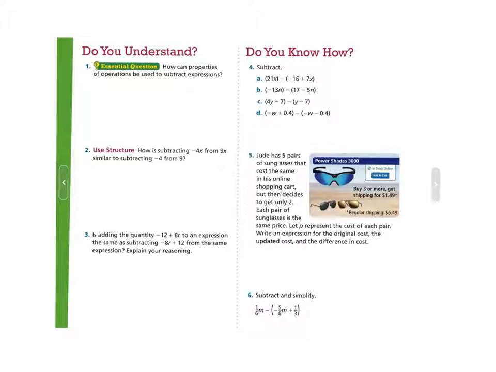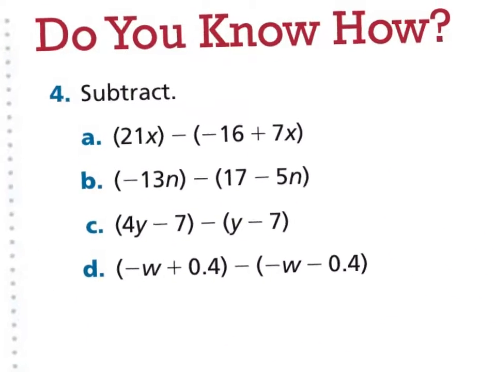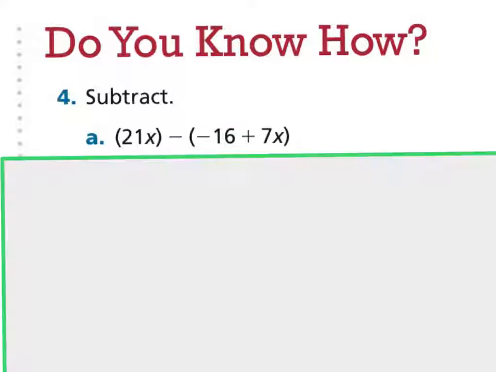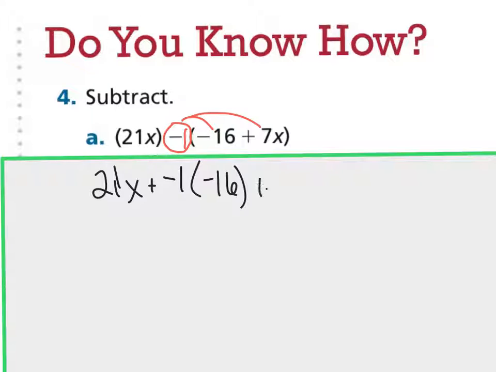Now we're going to look at the Do You Know How number 4. Part A, they're asking us to subtract. One option is to put a 1 there and think about this as distributing a -1 into the parentheses. That would be -1 times -16 plus -1 times 7x.